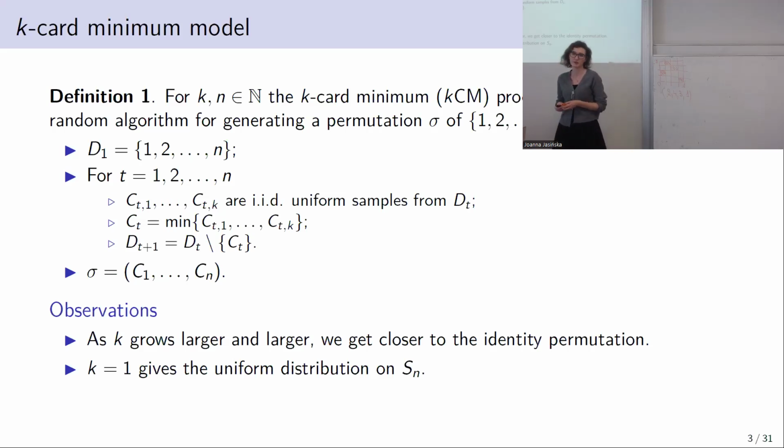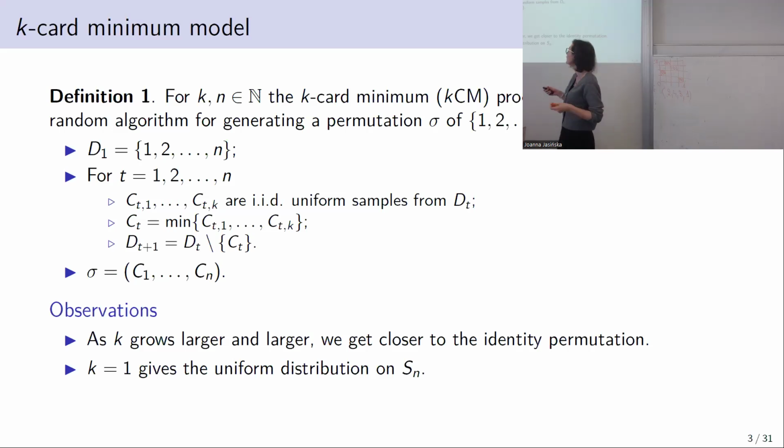So what is the K-card minimum model? In this model, I have a deck of n cards, and there is a procedure to get a random permutation. The procedure is as follows. I have n numbers, and this is my D1. Then in every step, I'm picking uniformly at random K cards from the deck.